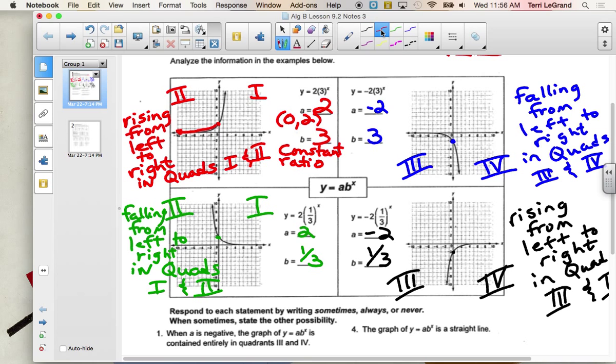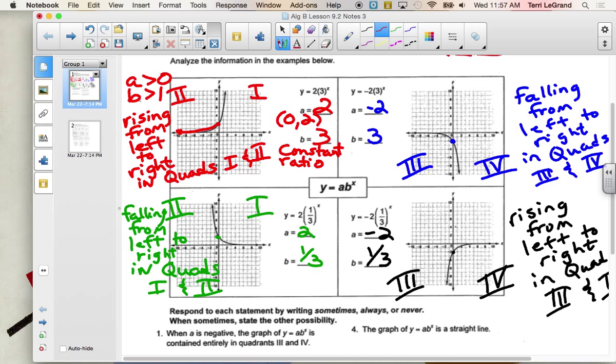I want you to write that in this graph, above where we wrote these words: A is greater than 0, it has to be positive, in other words. When A is greater than 0 and B is greater than 1, we can count on that behavior. If we don't get that behavior on our graph, something went wrong.